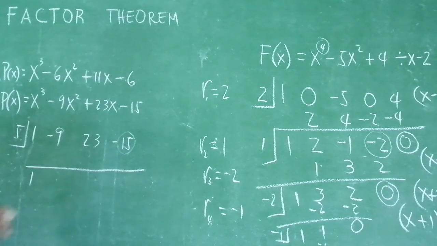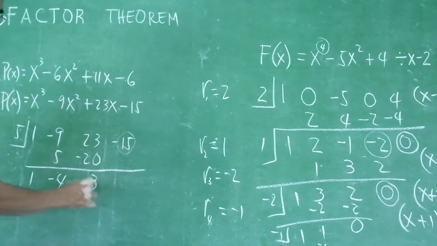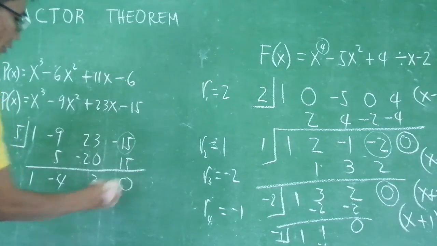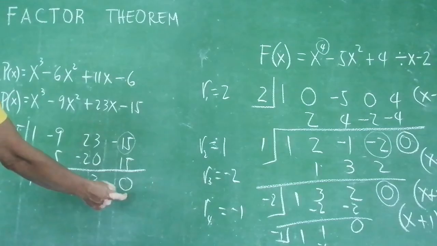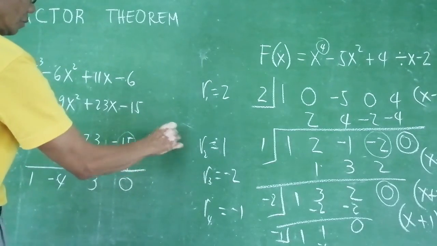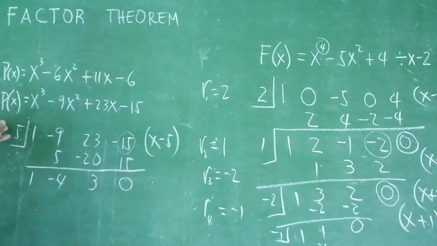So bring down 1. 1 times 5 is 5. That will be negative 4. That will be negative 20, then 3, then 15. So this will be 0, meaning to say that x minus 5 is a factor and root 1 is equal to 5.